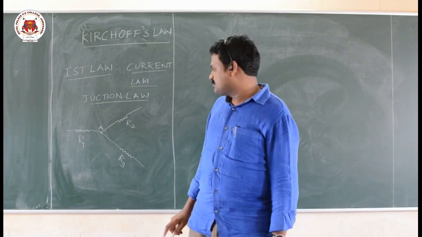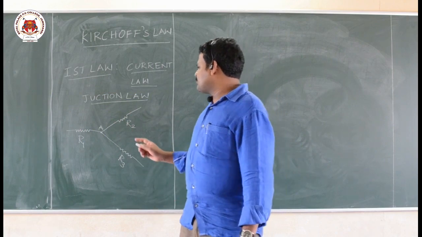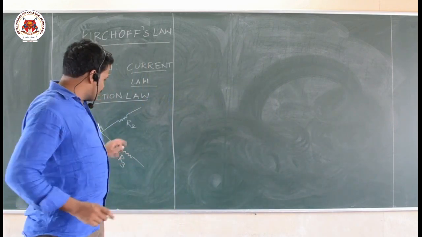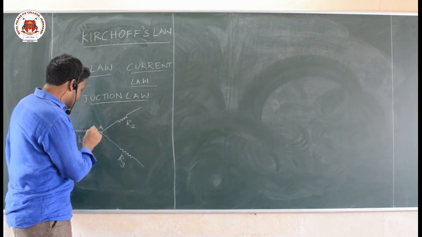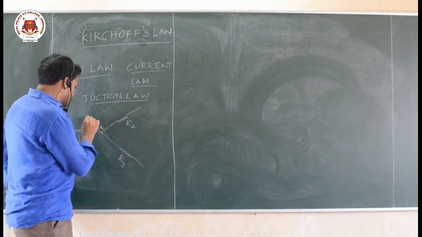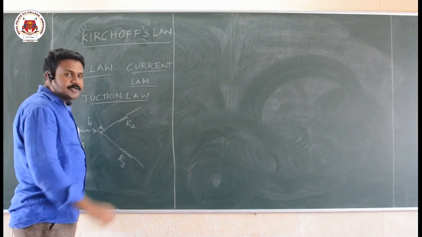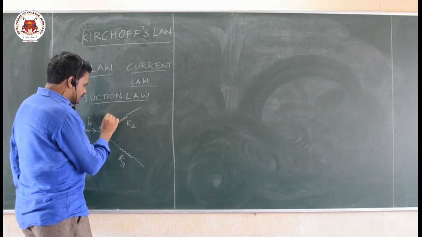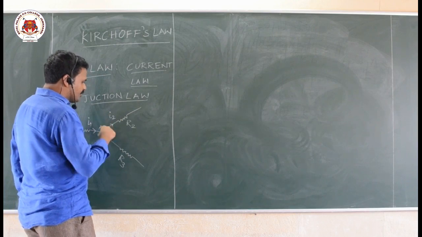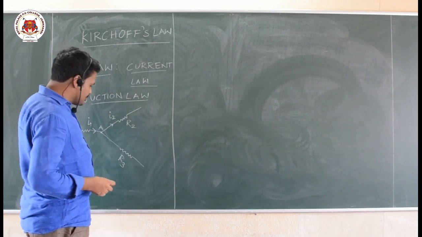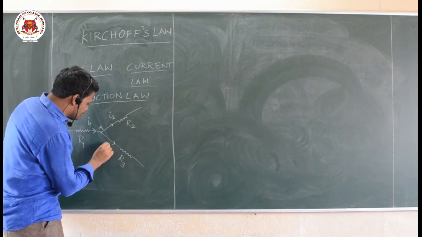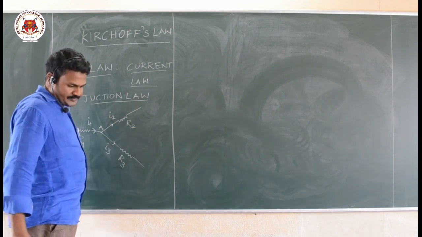What does this mean? Let us consider the current flowing in the first resistor, I1. Let us take this I1 current as entering junction A. I2 is the current flowing in R2, and it is leaving the junction, and the current in the third resistor I will take as I3.